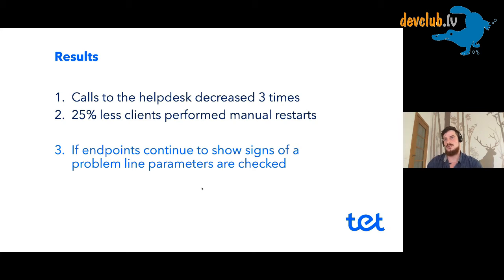And the results are quite good now, and we are always trying to improve. Calls to the help desk decreased 3 times, so 3 times fewer calls from customers regarding Wi-Fi issues, and 25% of clients do not perform manual restarts after that.